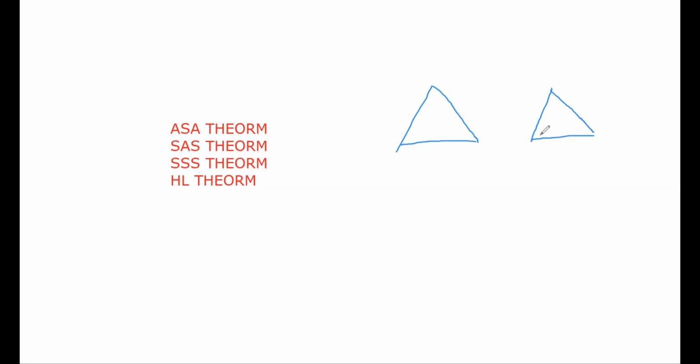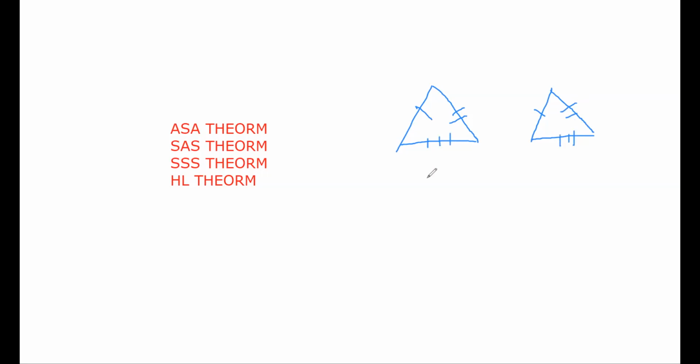This is the easiest theorem of all because it's very obvious. If the 3 sides are equal, this is the meaning of congruency. So if this is equal to this, and this is equal to this, and the third side is equal to the third side, you can say that the 2 triangles are congruent using SSS.